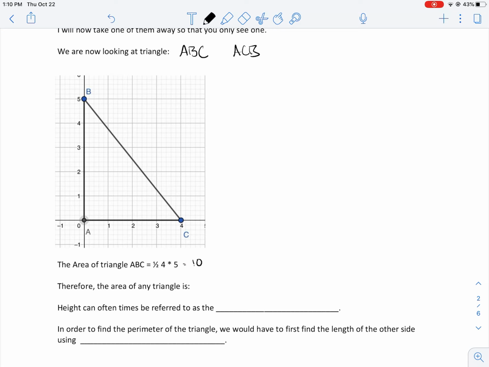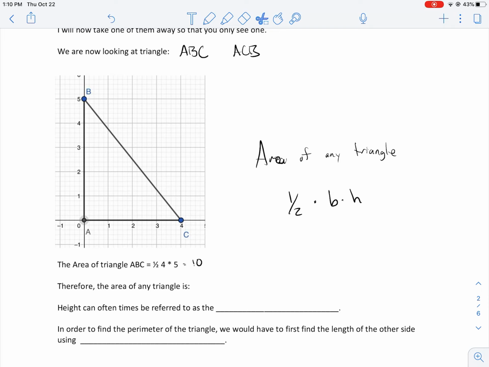So what we've just shown, at least in this particular case, and what I'll just say for all cases, is the area of any triangle is 1/2 base times the height.